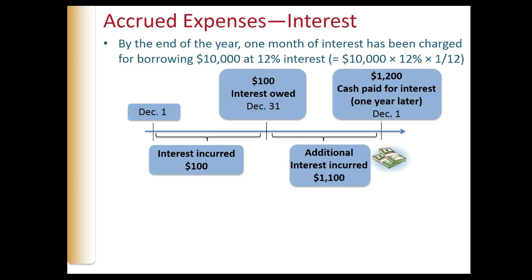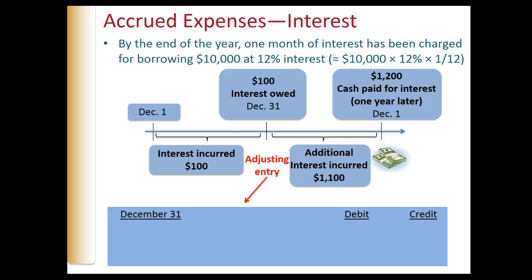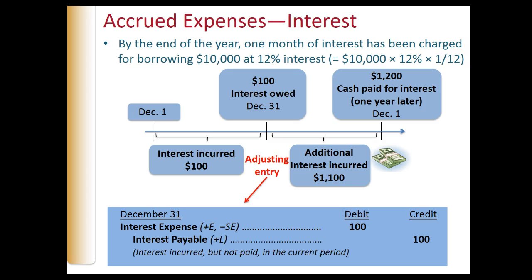Although Eagle won't pay the $100 along with 11 more months of interest until a year later, it's a cost of using the borrowed funds during December, and therefore needs to be an expense in December. The adjusting entry on December 31st includes a debit to interest expense and a credit to interest payable.